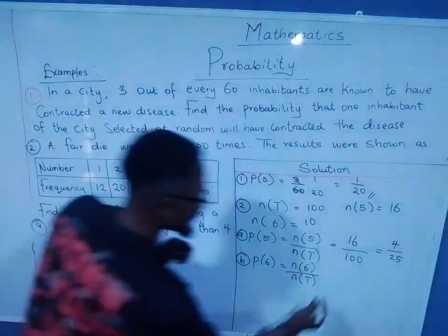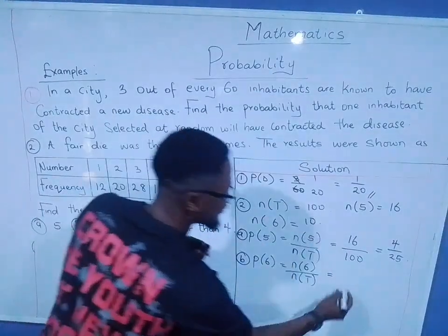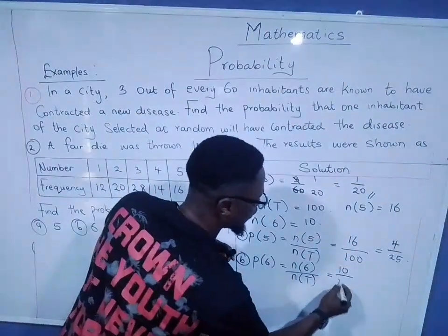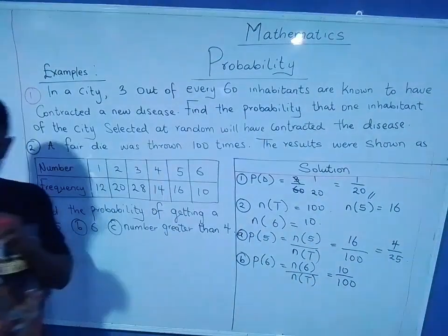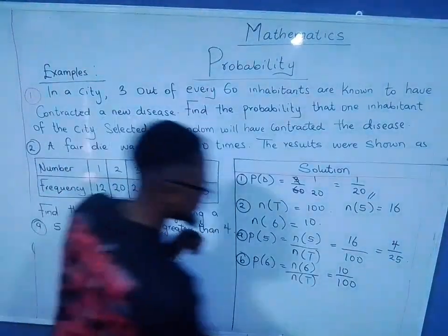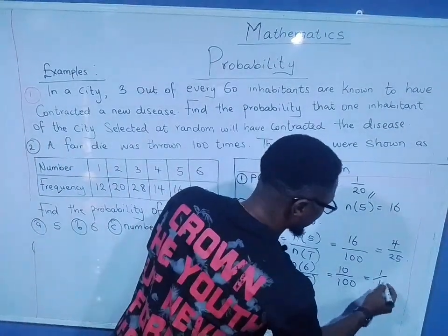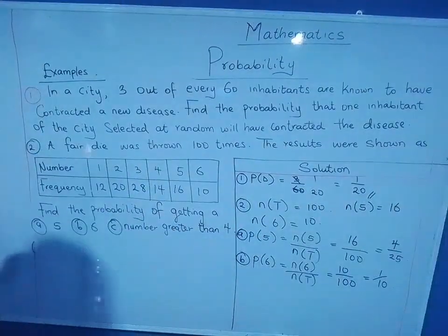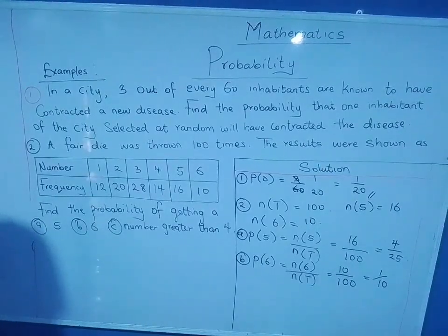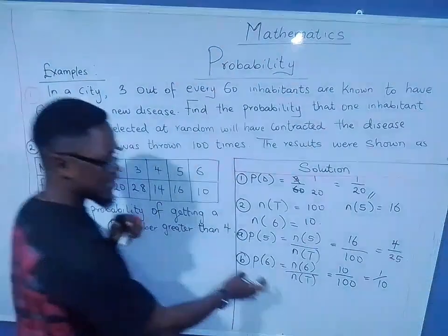So 6 is 10, that is 10 over 100, right? Take it to the lowest term. This becomes 1 over 10. So the probability of having 6 is 1 over 10.